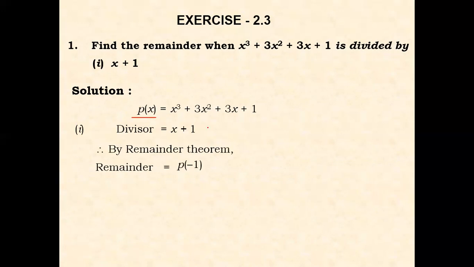Because x plus 1, if you equate it with 0, it becomes an equation, and then you solve it, it becomes x is equal to minus 1. So minus 1 is the zero of your divisor x plus 1, and this minus 1 you will put in your polynomial px in place of the variable.